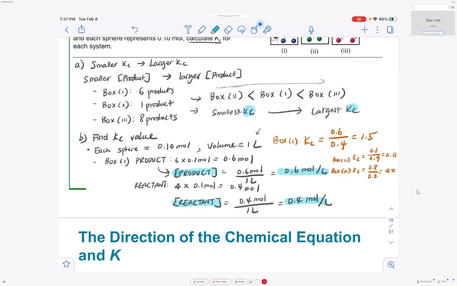See if it matches with what we ranked. Indeed, box 2 had the smallest Kc value, then box 1 had a slightly larger Kc value, and box 3 had the largest Kc value. So what we predicted here was correct.